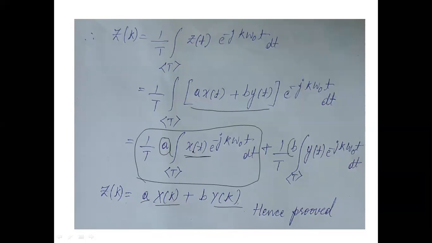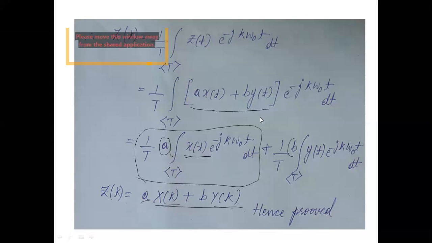The addition of two signals in the time domain gave rise to the addition of the Fourier series coefficients in the frequency domain, and the scaling in the time domain also gave rise to scaling of the Fourier series coefficients in the frequency domain. So this is about which property? The linearity property.